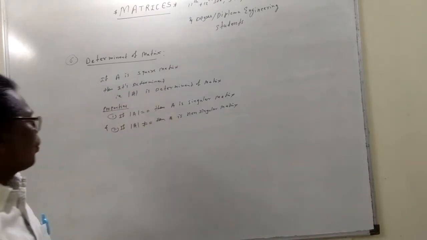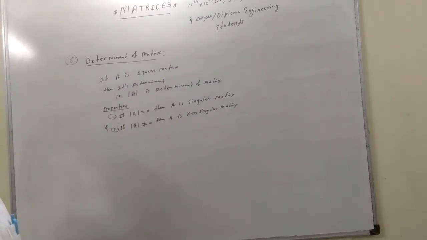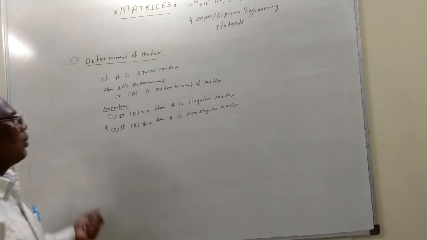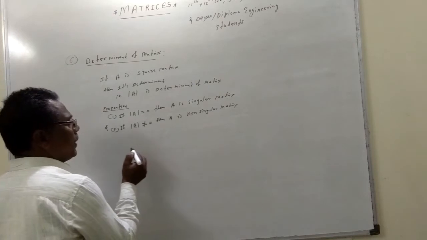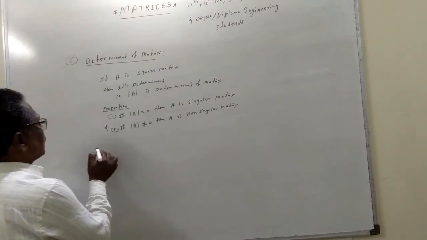So from the determinant of a matrix we are getting two types. If determinant A is 0, then A is a singular matrix, and if determinant A is not equal to 0, then A is a non-singular matrix.